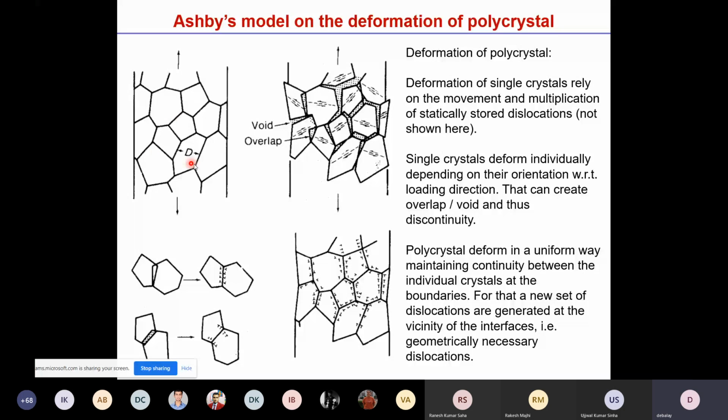Come to the next image, top right. You are applying a stress and the grains or crystals are oriented differently. They can be oriented completely randomly.